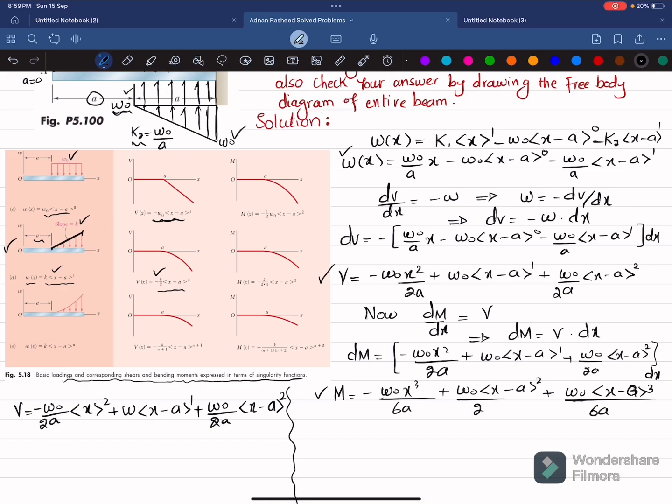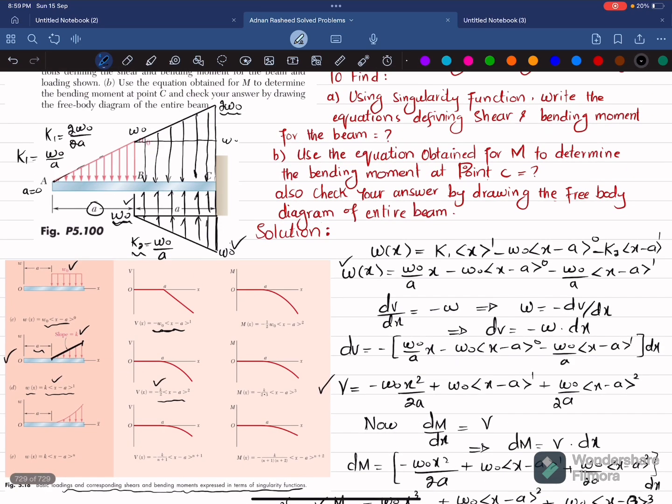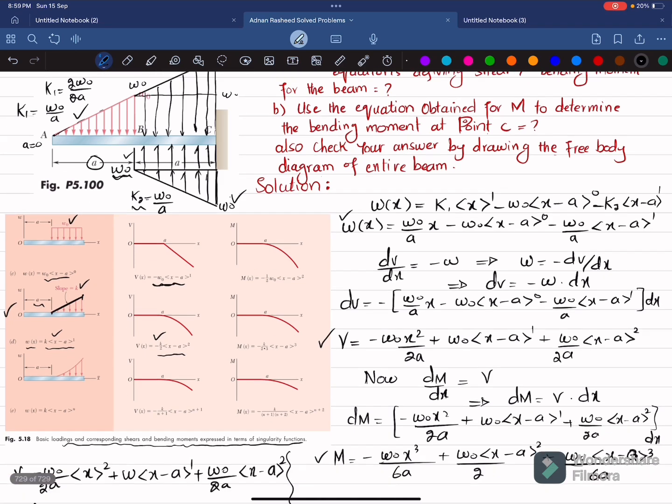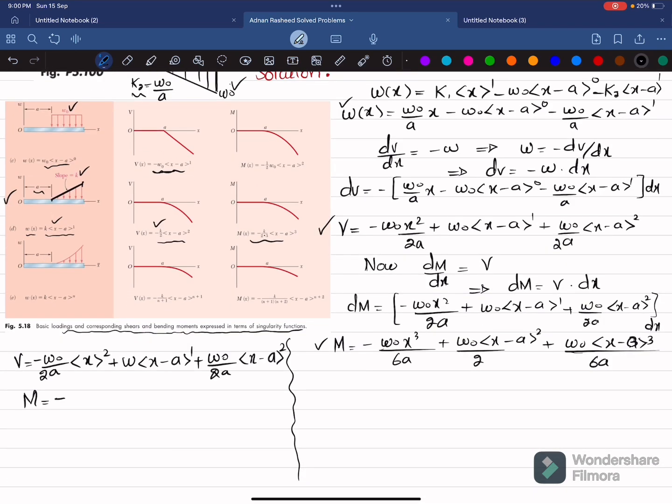Similarly, you can find the moment equation here. So for the triangular load, this is the first one, the moment equation is this one. Minus K, K is W naught over A multiplied by 6, because this is 6 into x minus A. A is equal to 0, so I will write x cube. The second one is for distributed load.